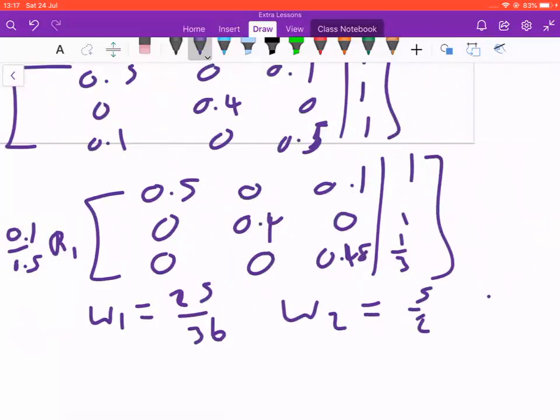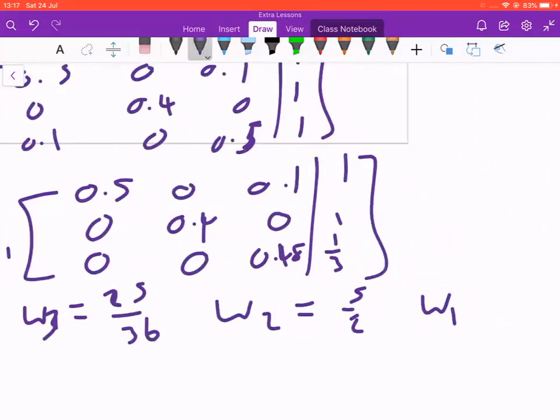And then for the weight of, sorry, this one is 3, this one is 2, this one is going to be 1. Do you guys find the same answer, or am I doing something wrong here? So these are the answers I get.